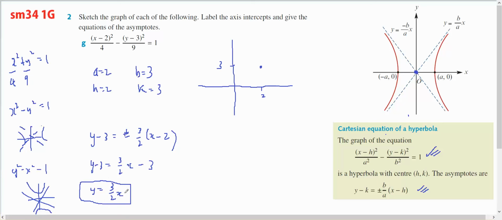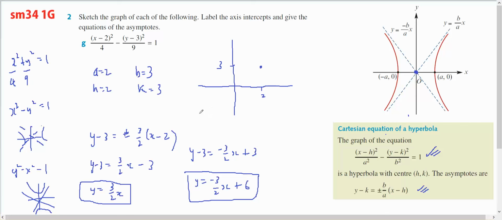So that's the equation. And if I'm looking at the negative, y minus 3 equals negative 3 on 2x. Negative times negative gives plus 3, y equals minus 3 on 2x plus 6. That's the equation of my asymptote.